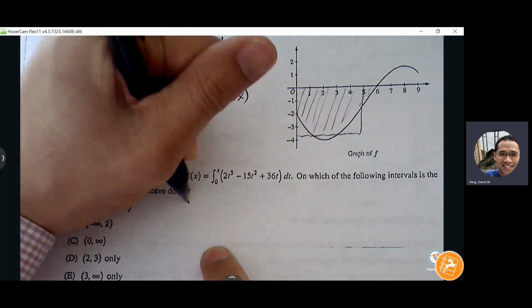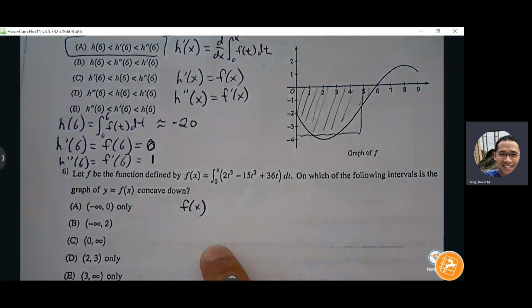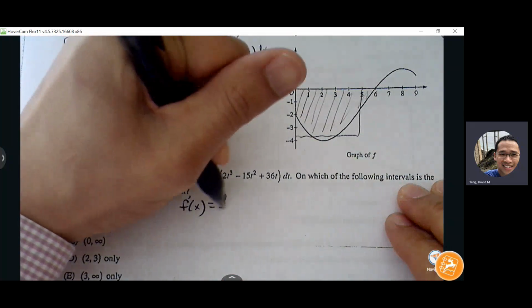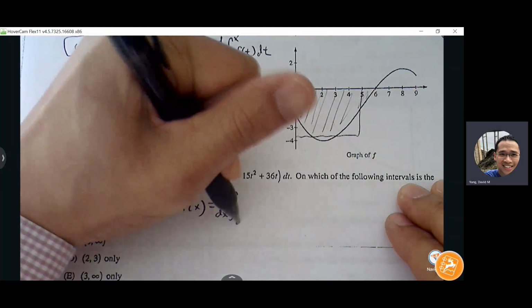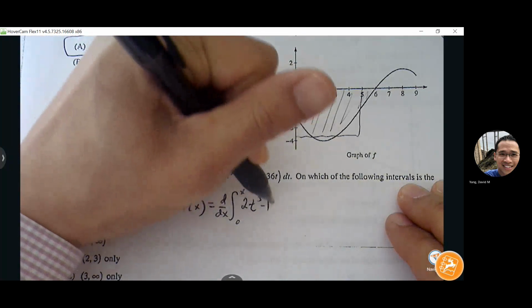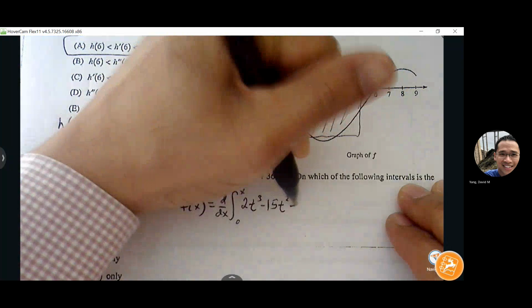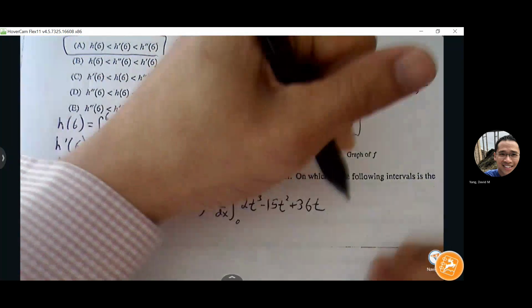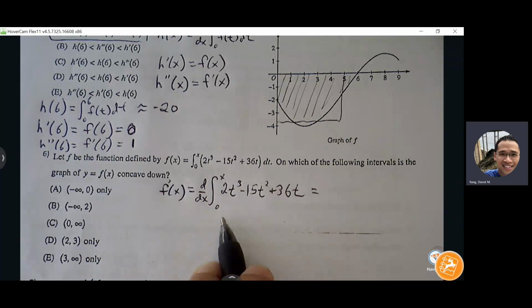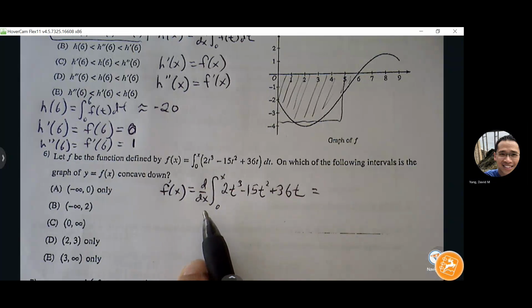So f of x is sitting at this integral level. So if I want to find f prime, it would be the derivative of this mess. So what's the derivative of the integral of this expression? What's going to happen here?